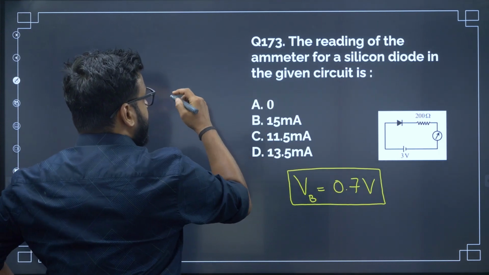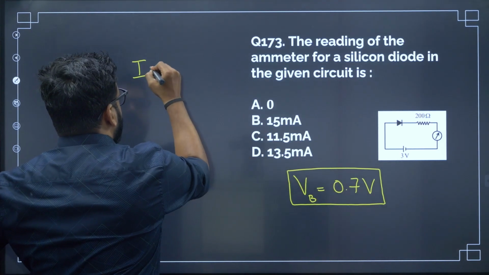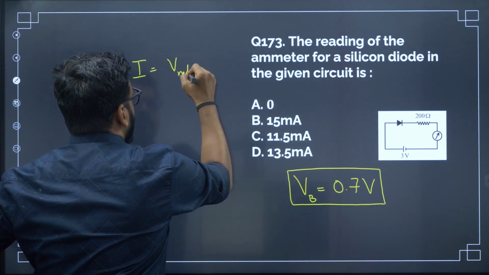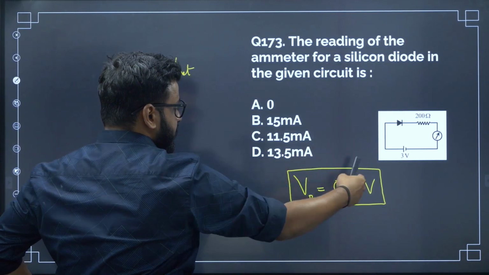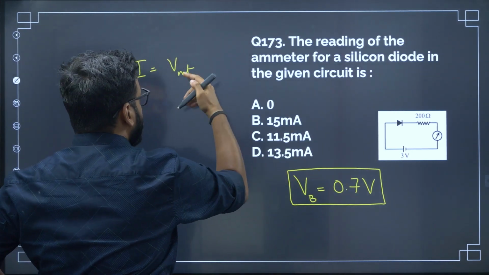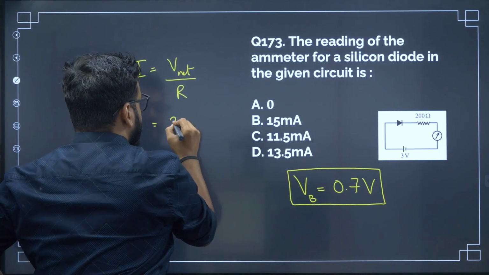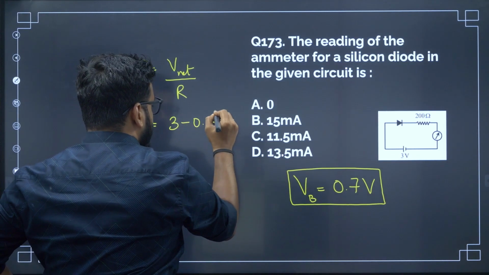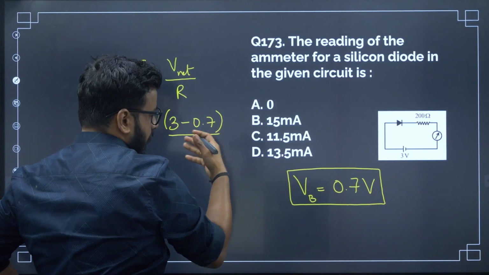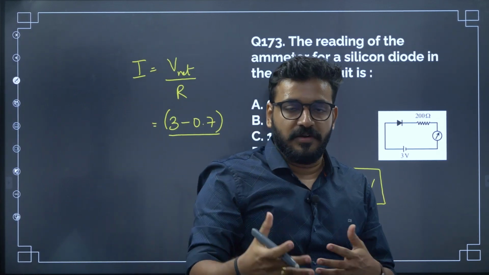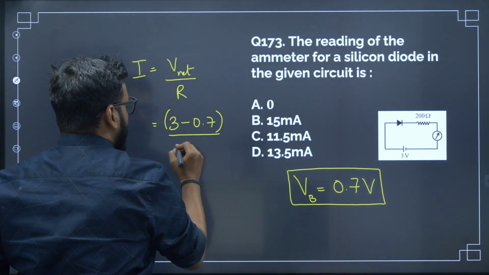So what are they asking? The ammeter reading, the current. Current is actually the net voltage, because the battery is giving 3 but it is facing a barrier potential of 0.7, divided by the total resistance. So that is 3 minus 0.7. The barrier potential will try to negate the applied voltage, divided by 200 ohm.